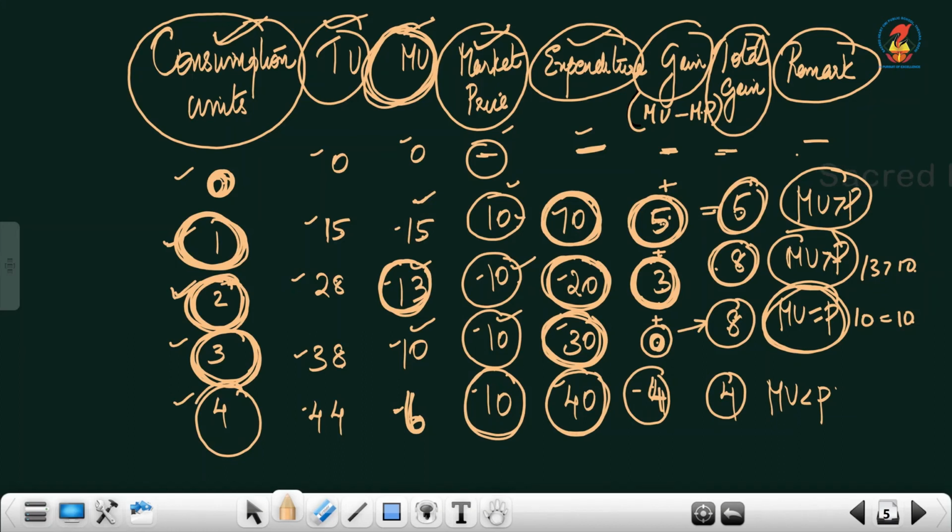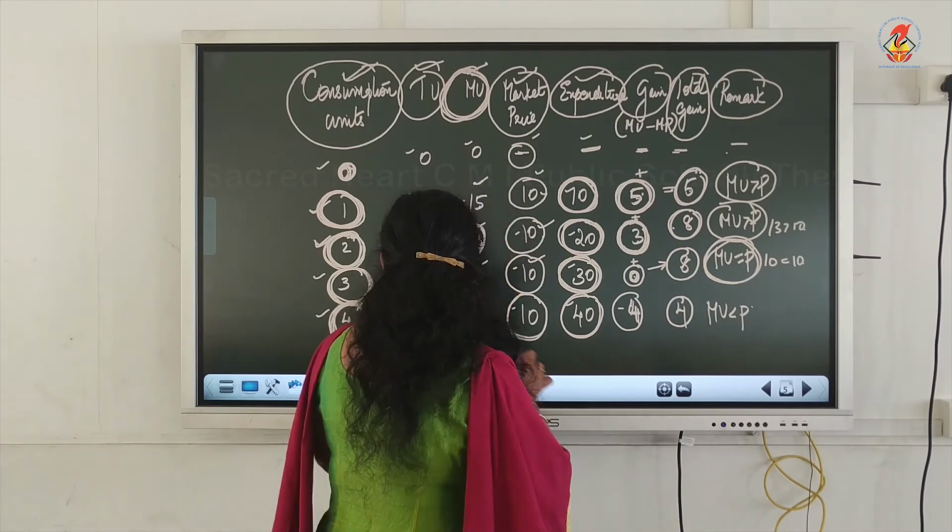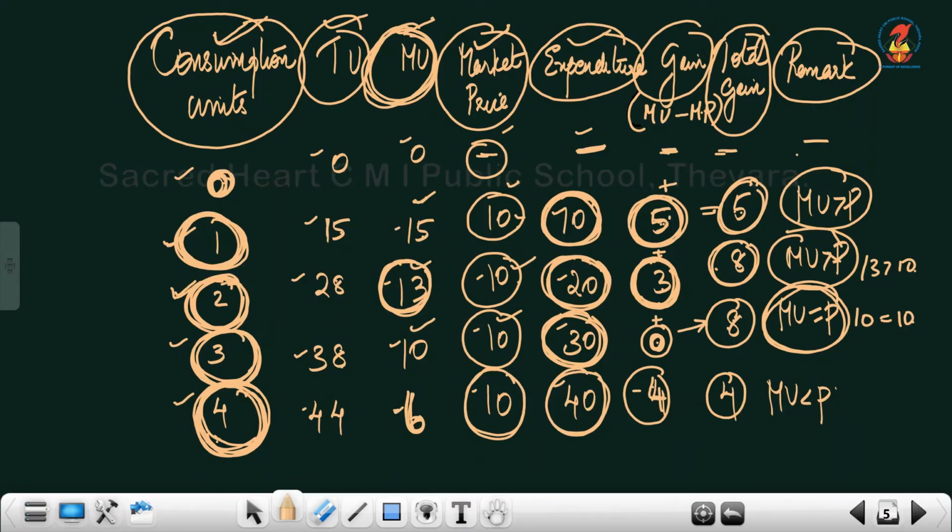Now if he is having the fourth chapati, if somebody compels him, or if he is thinking of having one more chapati, what will happen? If he is consuming the fourth chapati, obviously the gain before that was 0, now the gain is minus 4.